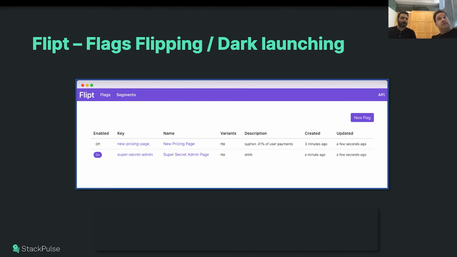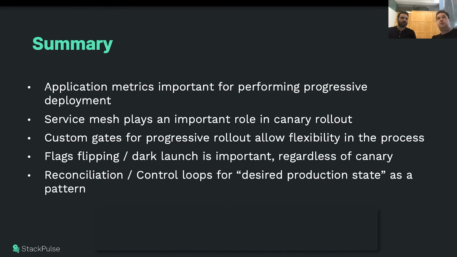So guys, I sure hope that our discussion here is useful. To sum up some of the points, first of all, application metrics that are so important for performing progressive deployments could be gained automatically by using service mesh: latency, success rate, etc. But if you do not have service mesh, you can still do the same metrics applicatively by yourself. And this is like 50% of the benefit we gain by using service mesh.